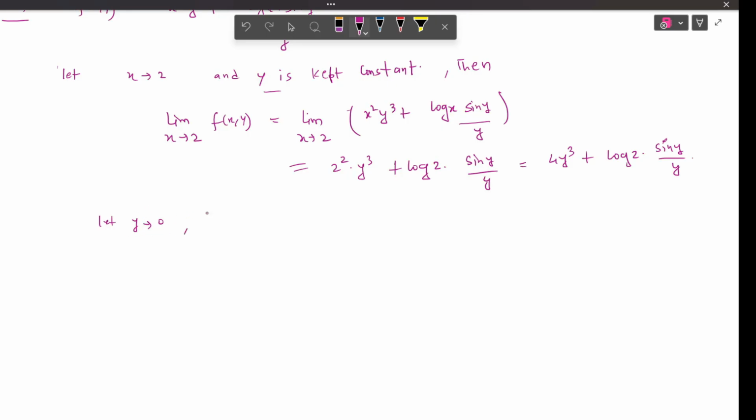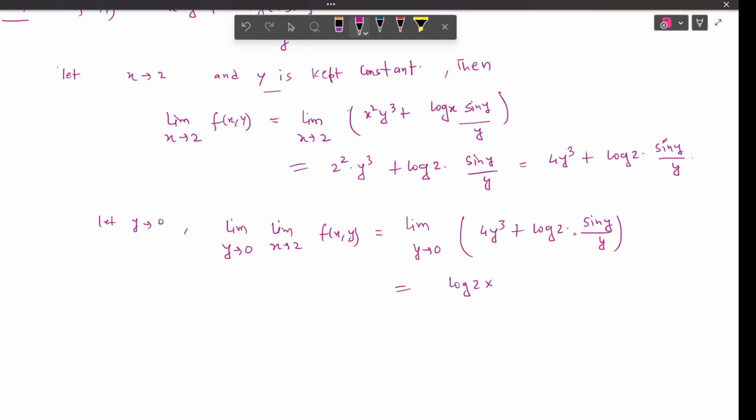So limit y tending to 0, limit x tending to 2, f of x comma y would be limit y tending to 0 of 4y cube plus log of 2 into sin y by y. 4 into 0 cube would be 0, and limit y tends to 0, sin of y by y is 1. So this will be log 2.